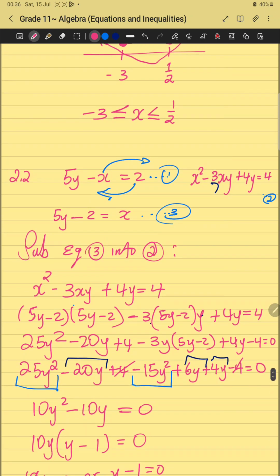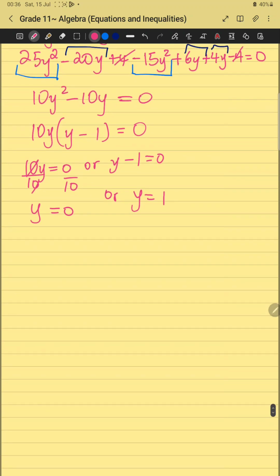Okay, remember that our equation 3 says x is equal to this portion, so we're going to just copy that value. So we've got x is equal to 5y minus 2.